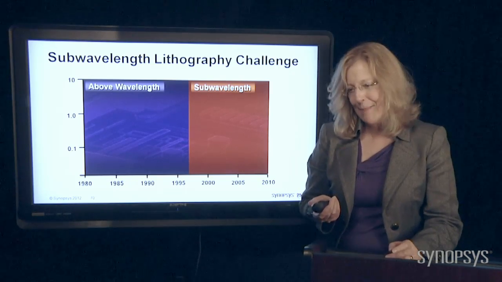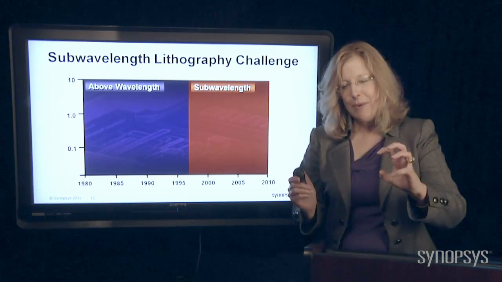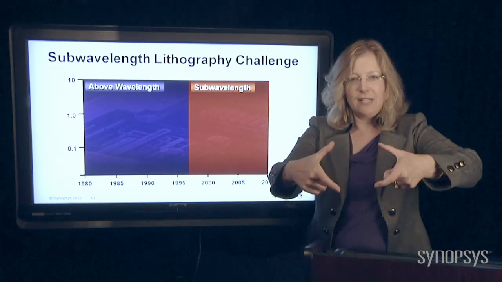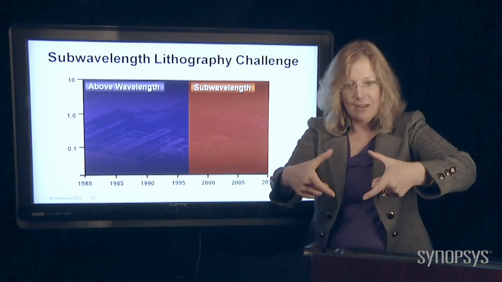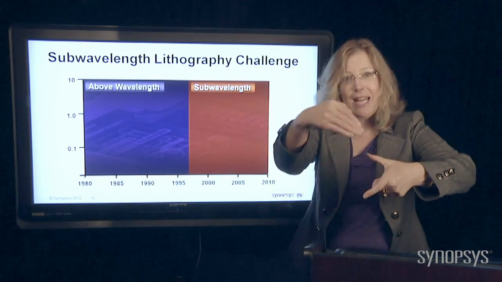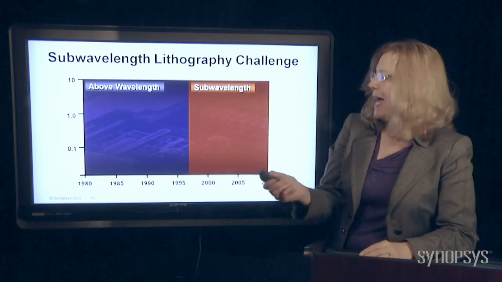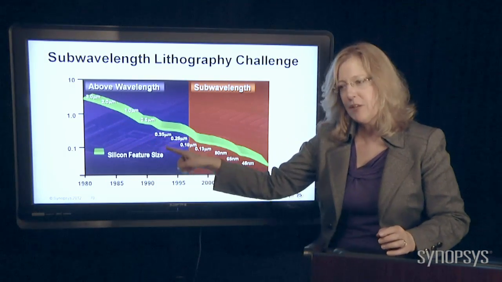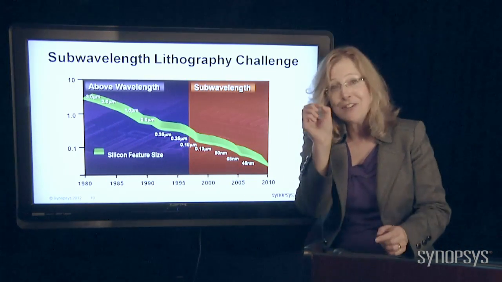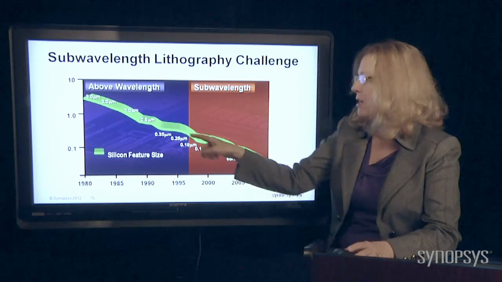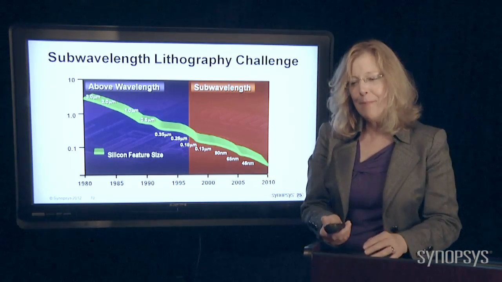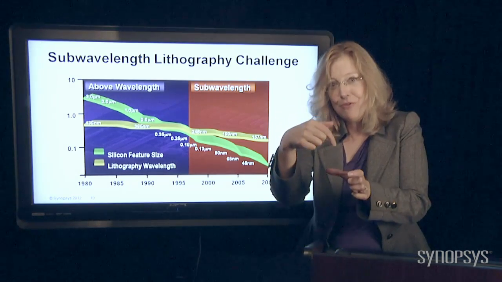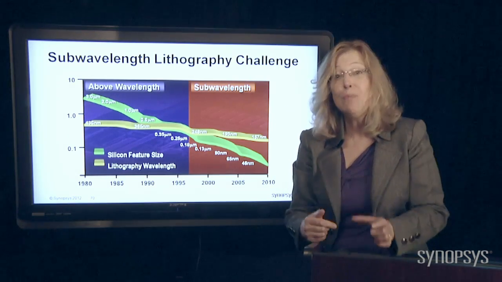Over time, the chips have been getting smaller and smaller. So remember how I told you that there's a stencil, a photomask, and we shine light through it. As that photomask has been getting smaller and smaller over time, because the wires and the transistors are getting smaller, at some point, the wavelength of light that goes through that stencil is too big.